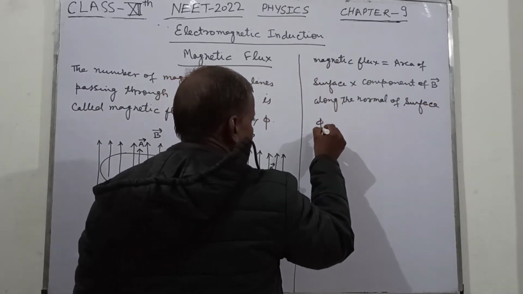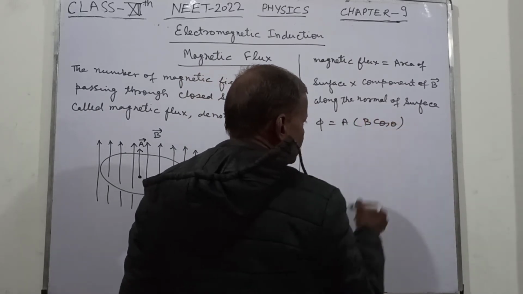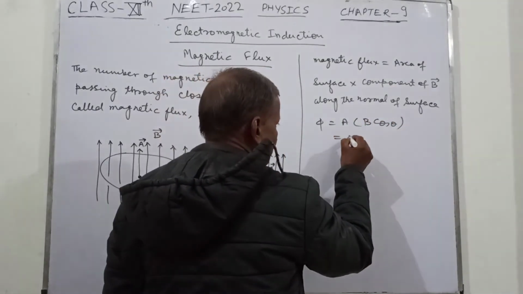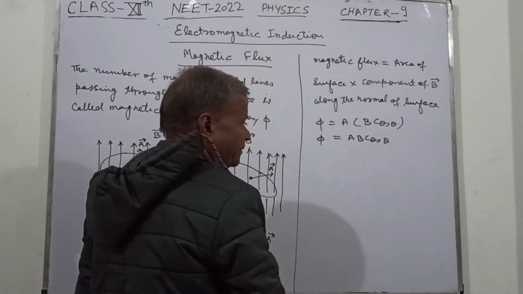So phi is equal to A into B cos theta. So this is equal to A B cos theta, which is phi.